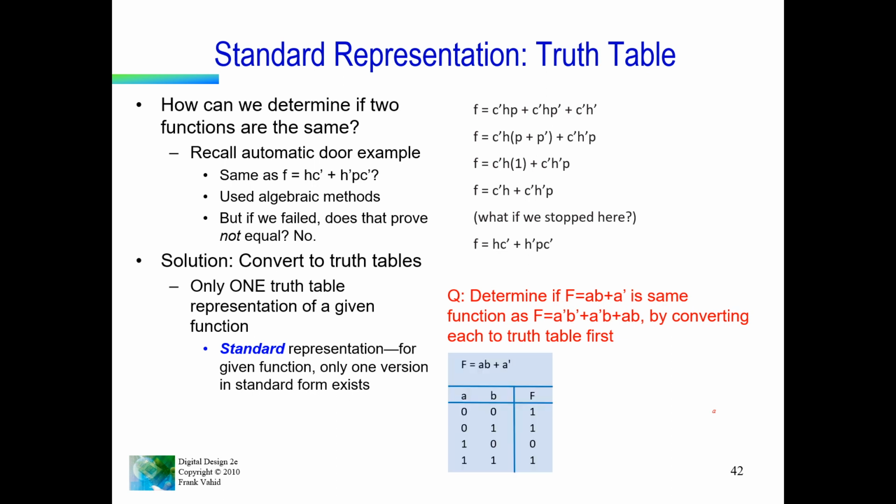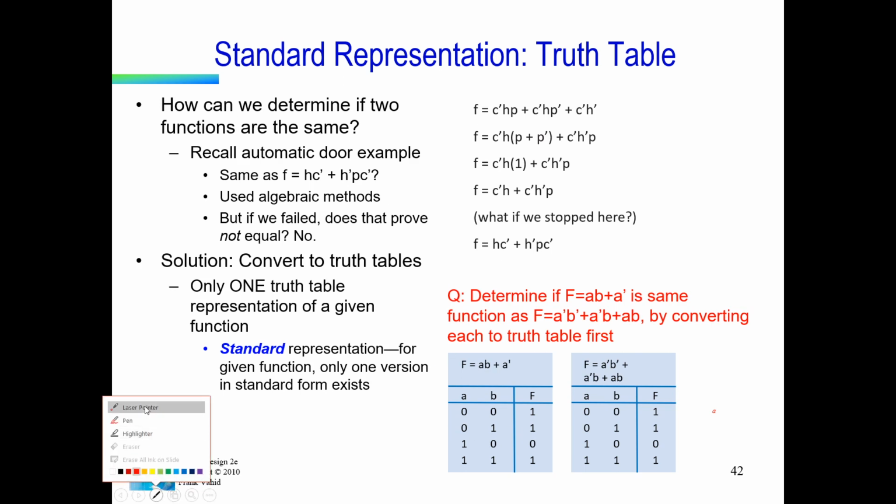So for that purpose, truth table can be used. And when we look at the truth table, let me take this laser pointer here. When we look at the truth table, we can see that both expressions result in the same output or in the same truth table. This means that both expressions are actually the same.